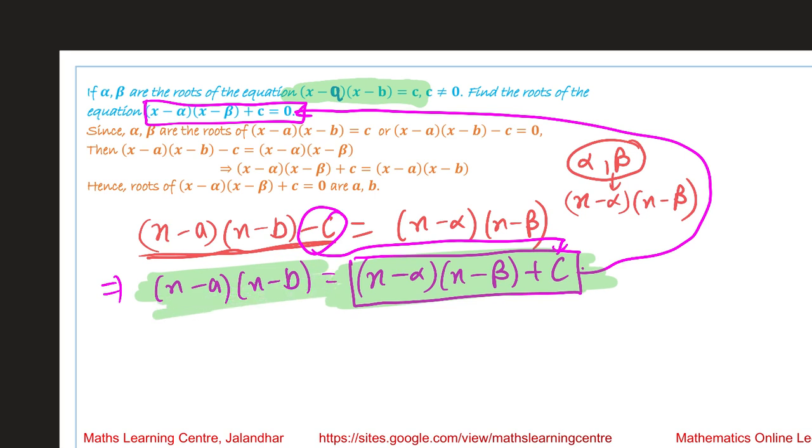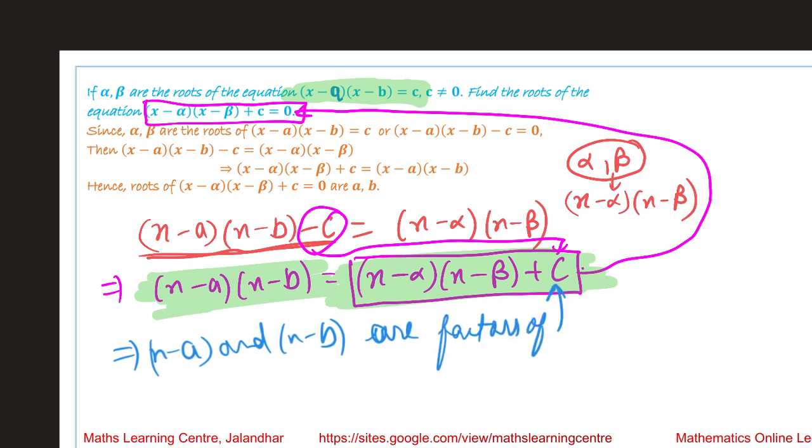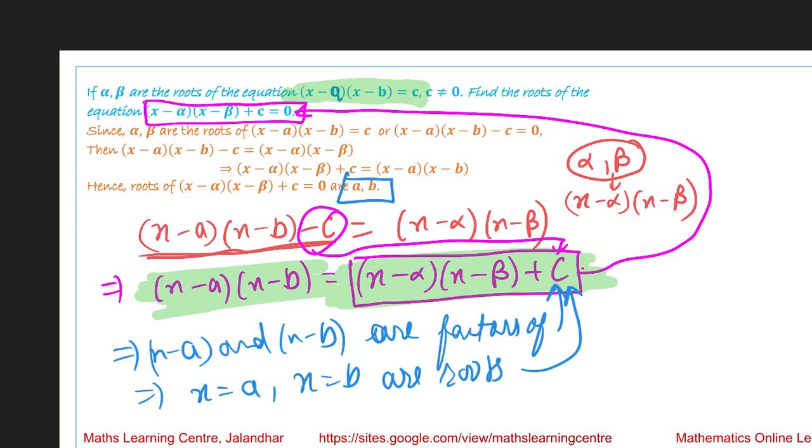So this implies that x minus a and x minus b are factors of this equation. So x is equal to a and x is equal to b are roots of this equation. So the roots of the equation are a and b.